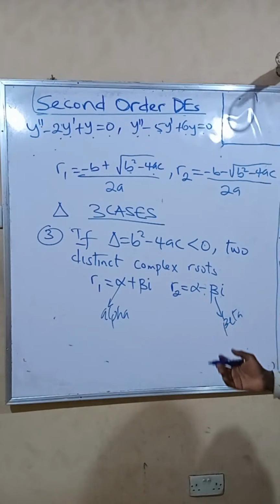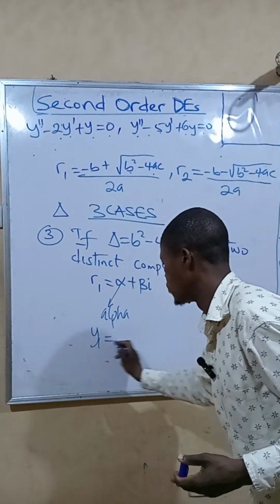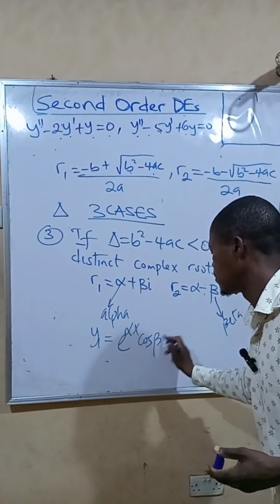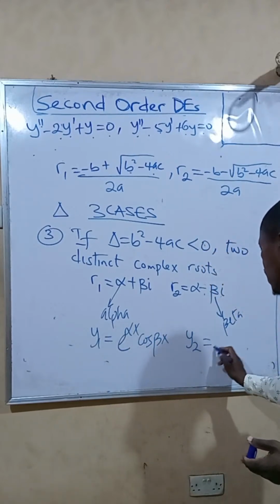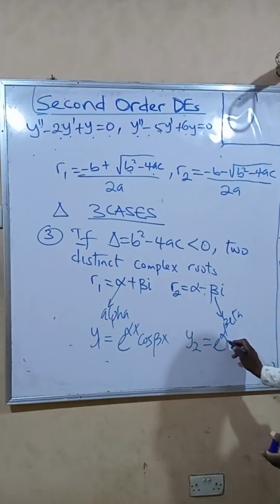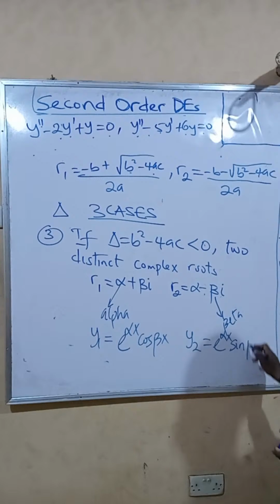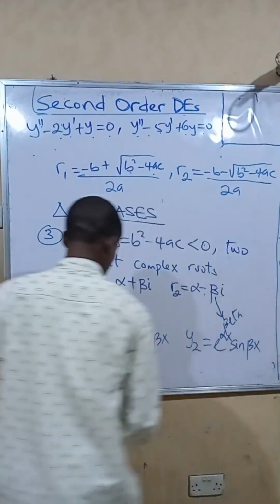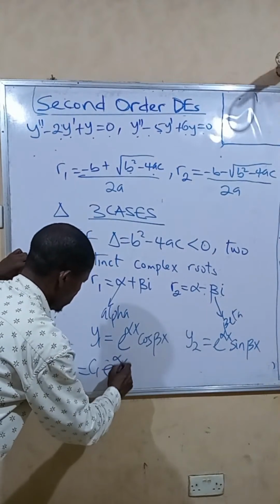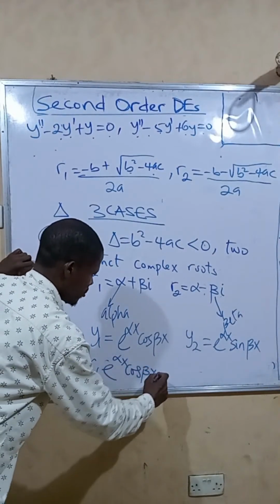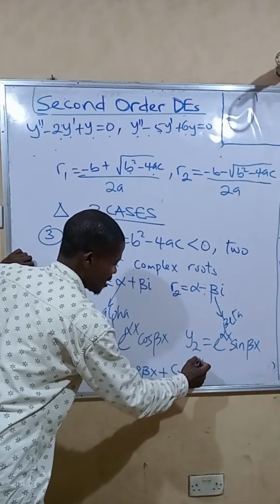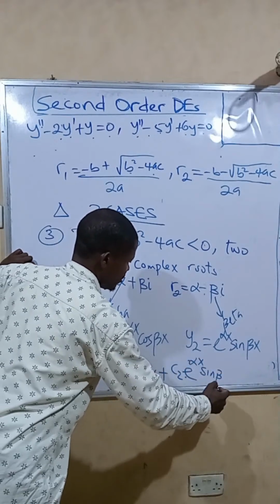So the two solutions, y1 and y2, will now become y1 equal to e to the power alpha x cos beta x, and y2 equal to e to the power alpha x sine beta x. Then the general solution will be y equal to c1 e to the power alpha x cos beta x plus c2 e to the power alpha x sine beta x.